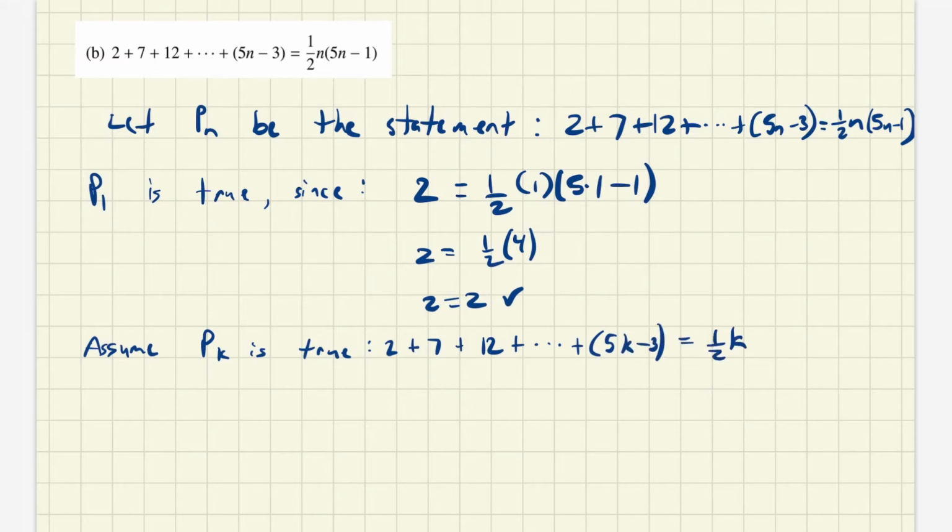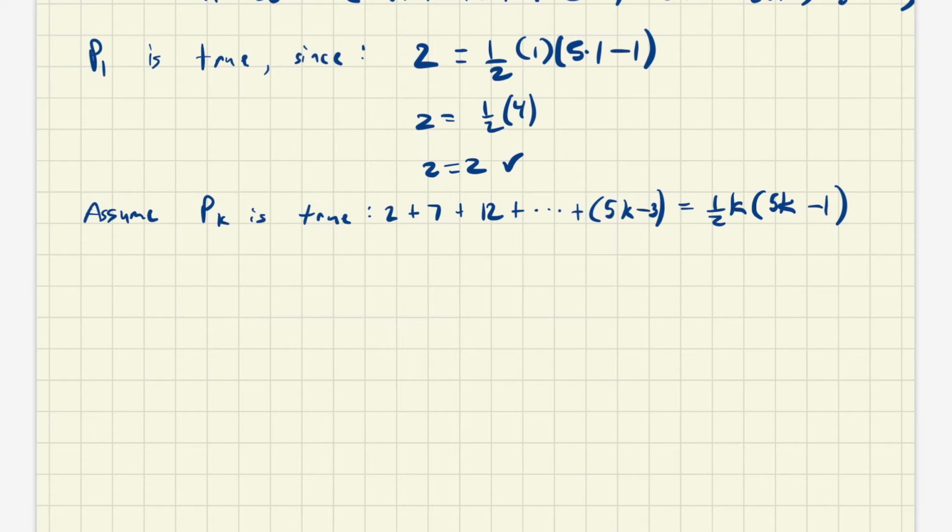All right, so now we need to show that P sub k plus 1 is true. Let's write out P sub k plus 1. That's going to be 2 plus 7 plus 12 plus ... plus.